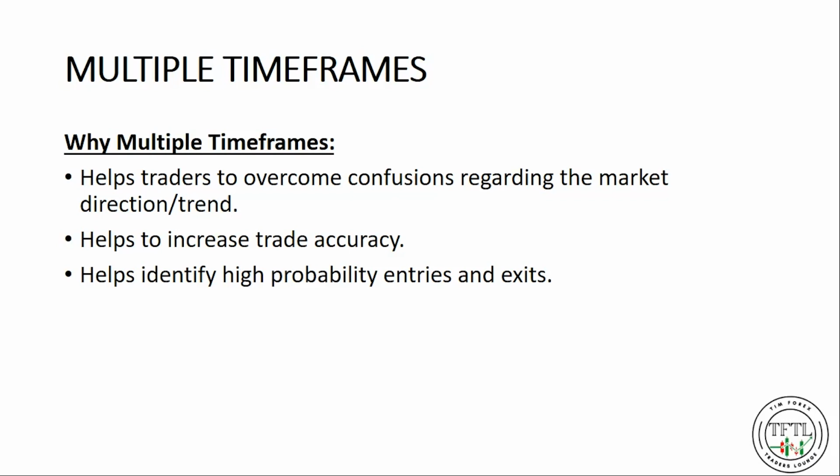Once you do the top-down analysis, you mark your key levels, you identify the market direction, and also you look at maybe the liquidity zones, or the supply and demand areas. It means that by the time you are taking your entries, these entries are what we call high probability entries, because they align with the market, and probably that is where the point of confluence is.